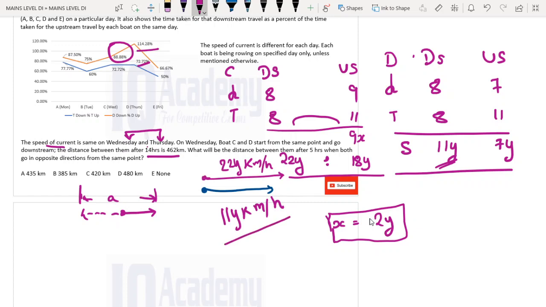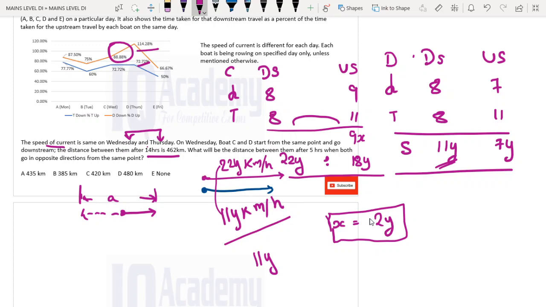After 14 hours, the distance between them is 462 km. This is what they have given. And we know that after 1 hour, the distance between them is 11y, because in 1 hour C travels 22y km and D travels 11y km.